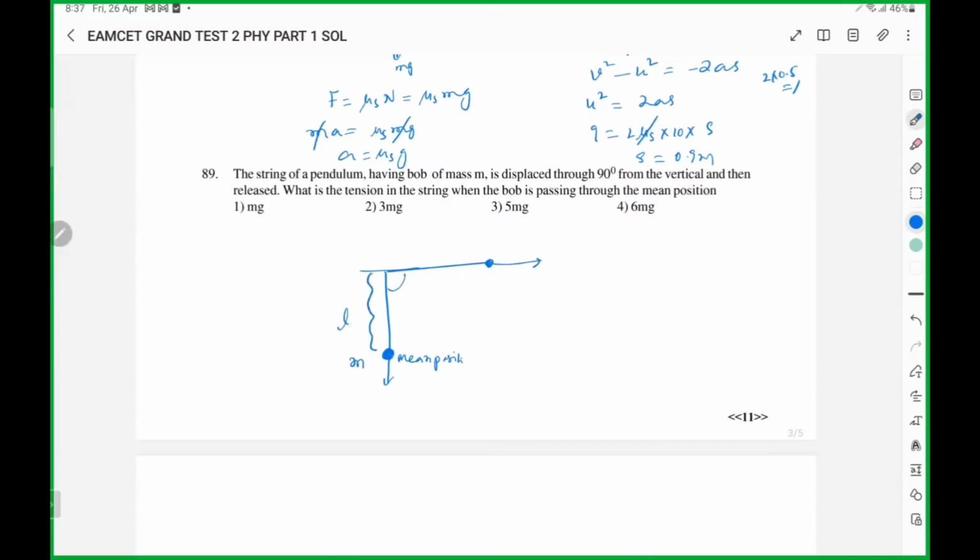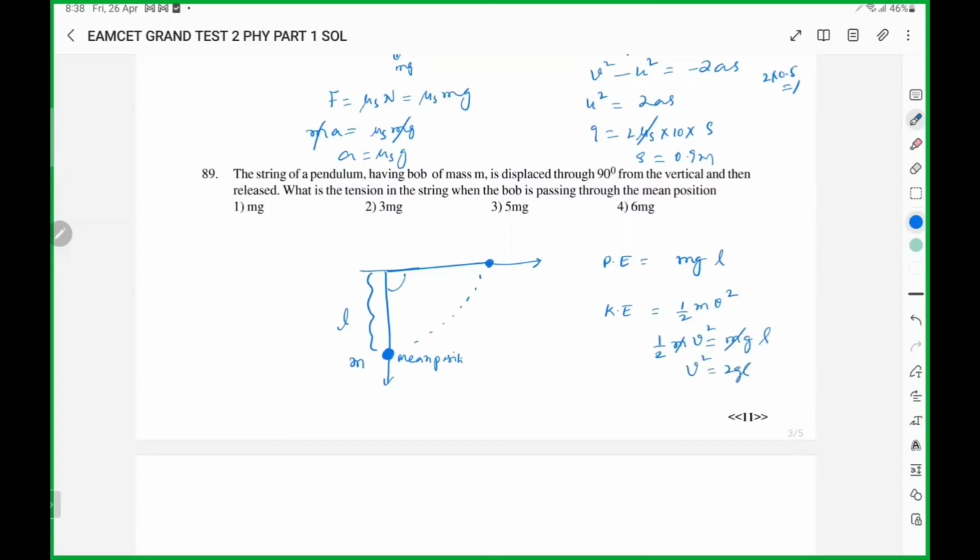When it is here, it has only potential energy, that is mg into L. When it slowly comes down to the mean position, it has only kinetic energy, that is half mv square. Since energy is conserved, we can write v square as 2gL.